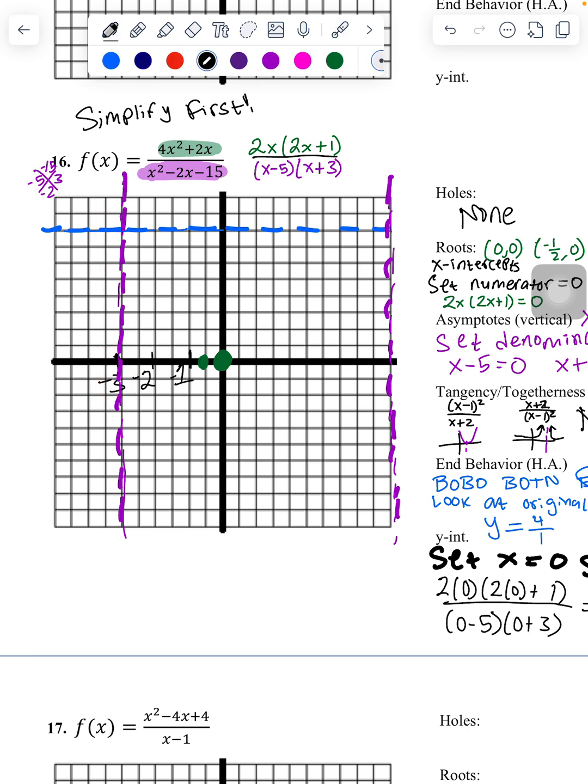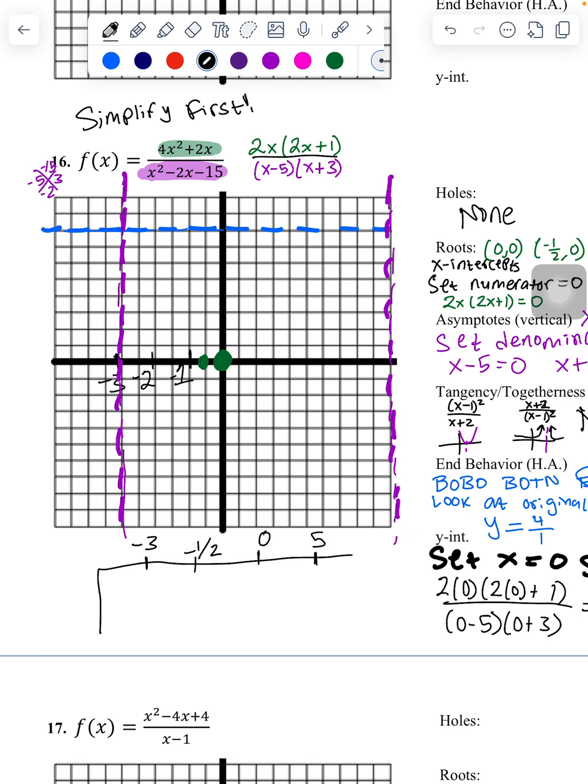In this case, I'm just going to plug in a number that's to the left of -3, so that's -4, and I'm going to use my sign chart real quick. I have a couple of special points: one at -3, one at -1/2, one at 0, and one at 5.